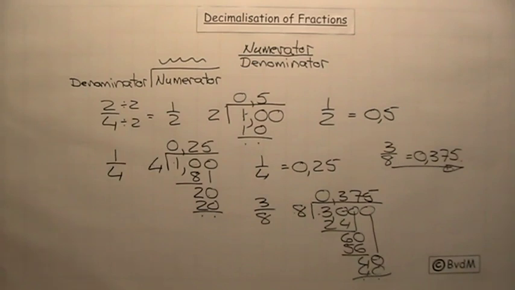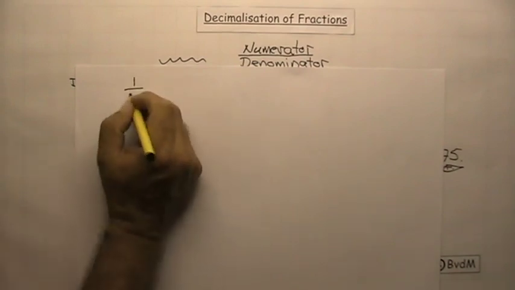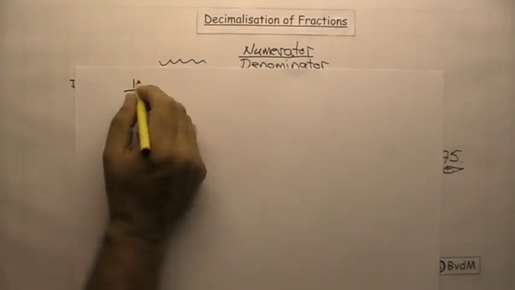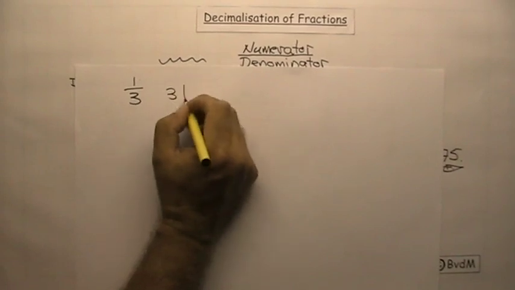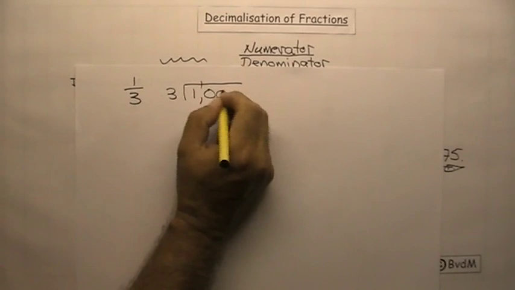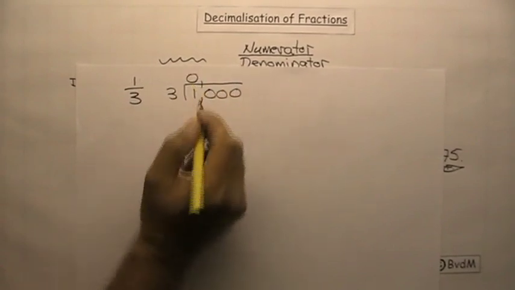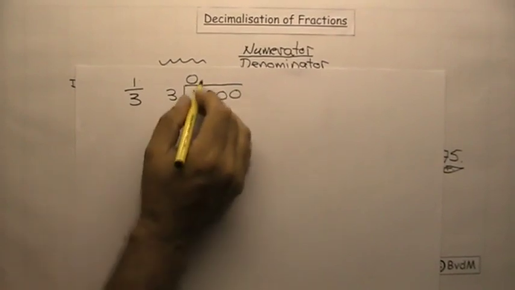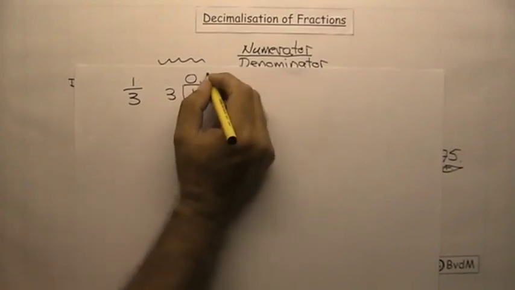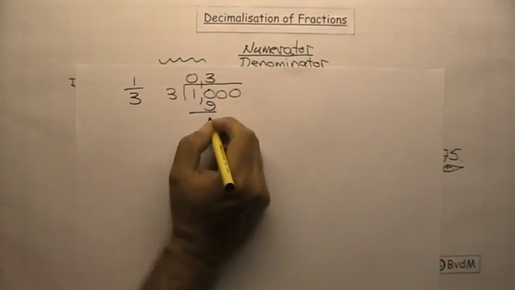Now let's have a look at something that works a little bit different. We call these recurring fractions. The first one is a third. 1 divided by 3, so 3 goes into 1. Put the comma, put the noughts. 3 can't go into 1, so it's nought. 3 can go into 10 3 times. 3 times 3 is 9. 10 minus 9 is 1.